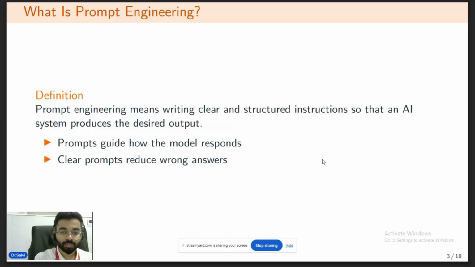Today we talk about optimization, about how good the output of ChatGPT is for the prompts we give, and on the basis of this we differentiate between the various OpenAI or generative AI platforms. So clear prompting reduces wrong answers, and I increase my optimization and throughput with the OpenAI platforms.